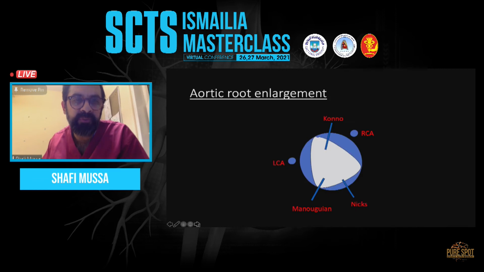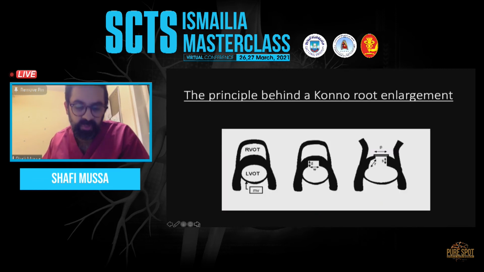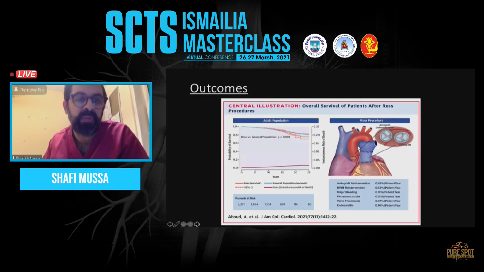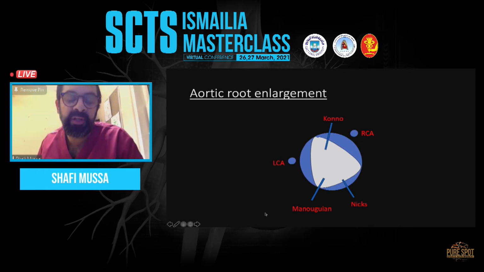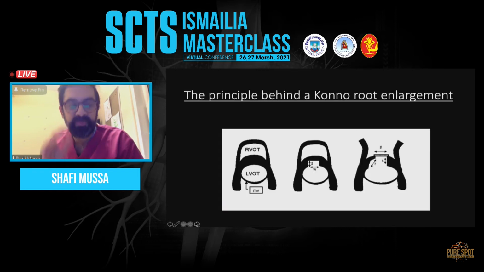But if one can't do a Ross, what can we do? Or if there's a more complex problem where the aortic root needs to be enlarged, our options are to enlarge the aortic root in three directions, either through the back of the aortic root with a Manouguian or a Nicks, or anteriorly through a Konno. Now, the Nicks and Manouguian operations will allow a minimum amount of root enlargement, whereas a Konno, because of the way that the root is enlarged, will allow for much more enlargement.